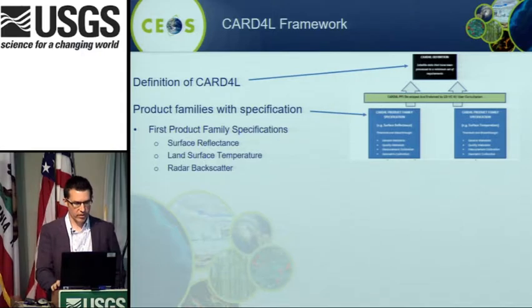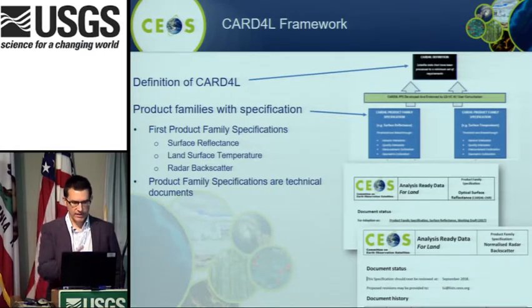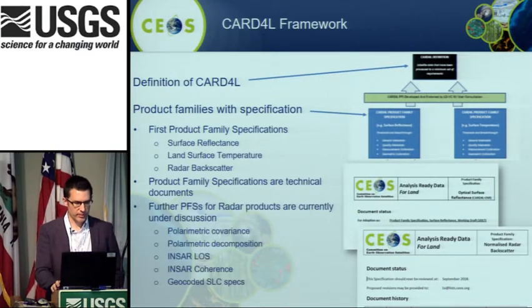Some work remains to be done on them, but they're well advanced. These product family specifications are technical documents. They're available for review, and you can look at them. And there is another set of PFSs specifically for radar products that are currently being discussed at the minute, things like polarimetric covariance, InSAR products, and such like.